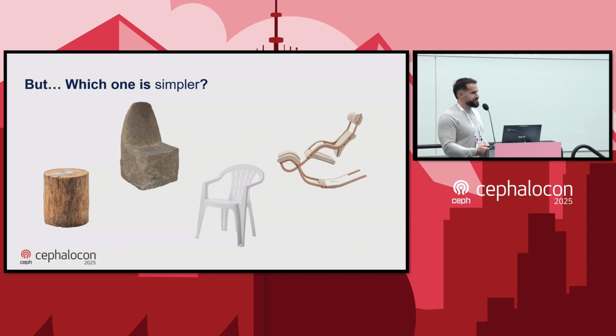The funny thing is that from all these different chairs, the simplest one according to our technology nowadays is the middle one, the white one, the monoblock. That's the name for that ubiquitous chair that you have probably seen in many places. And by the way, it was designed by a Canadian engineer.